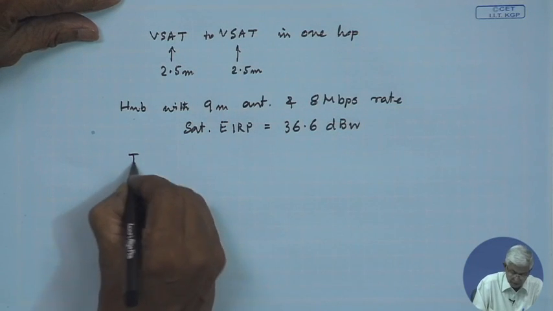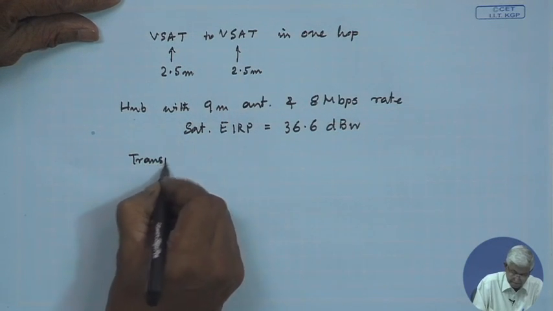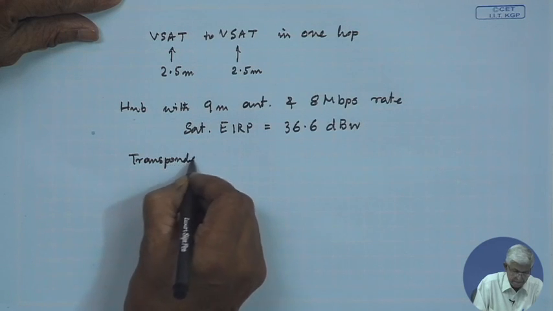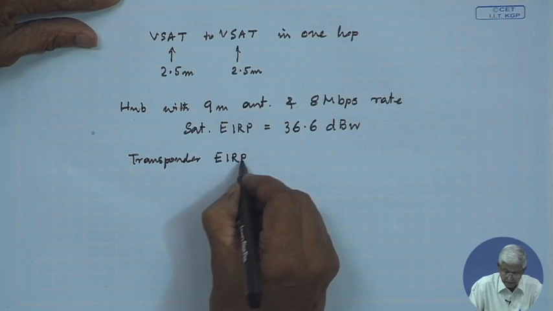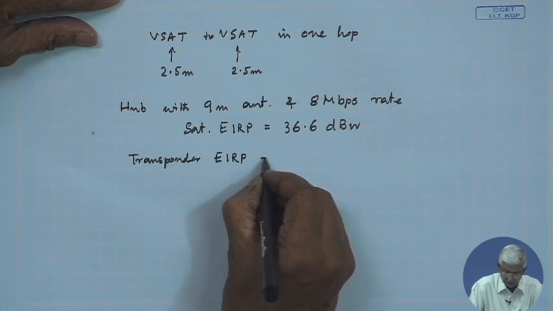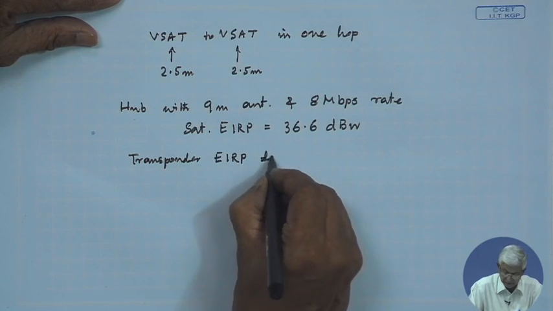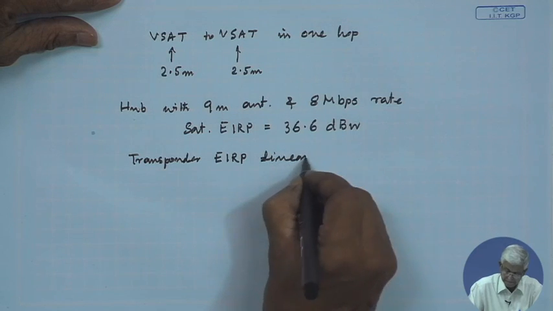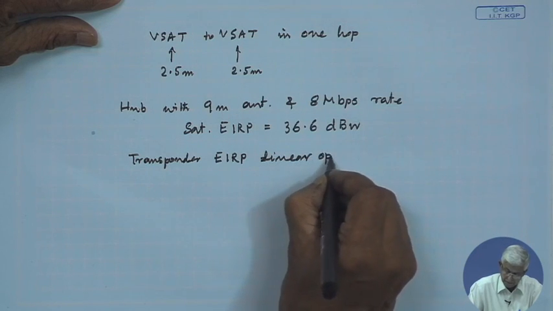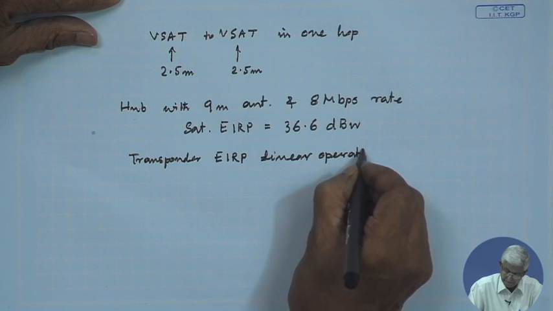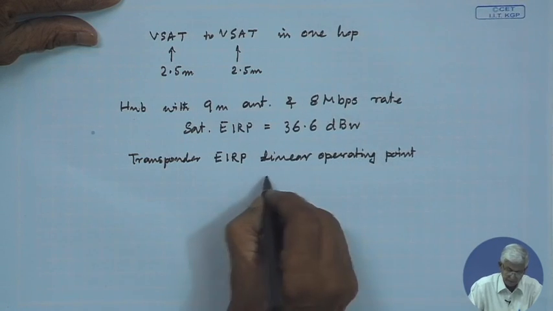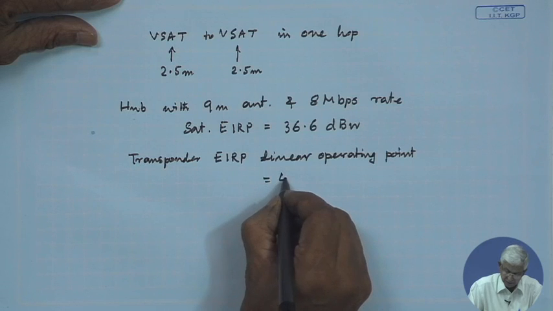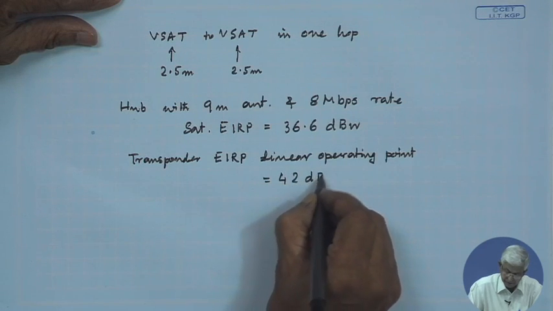Now, transponder EIRP, in the linear region of operation, is of the order of 42 dBW.